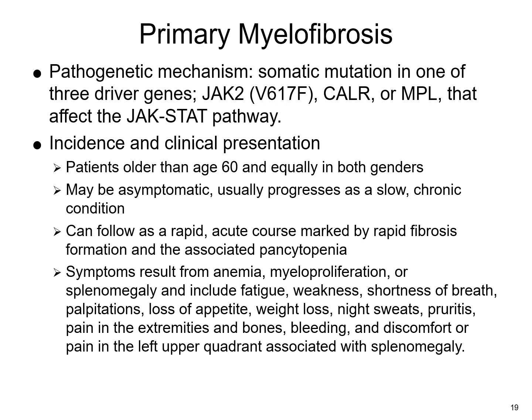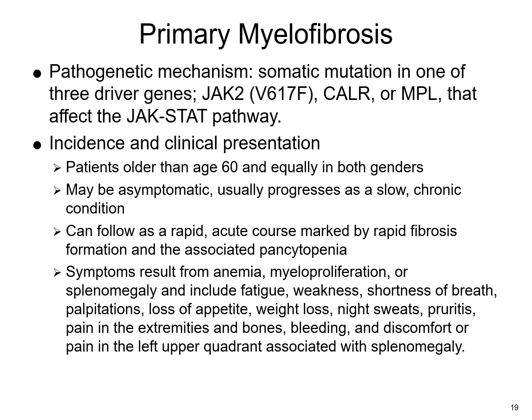The disease can be asymptomatic, but it usually progresses as a slow chronic condition. On occasion, it can follow a rapid acute course that's marked by a very rapid fibrosis formation, and it's also associated with a pancytopenia.